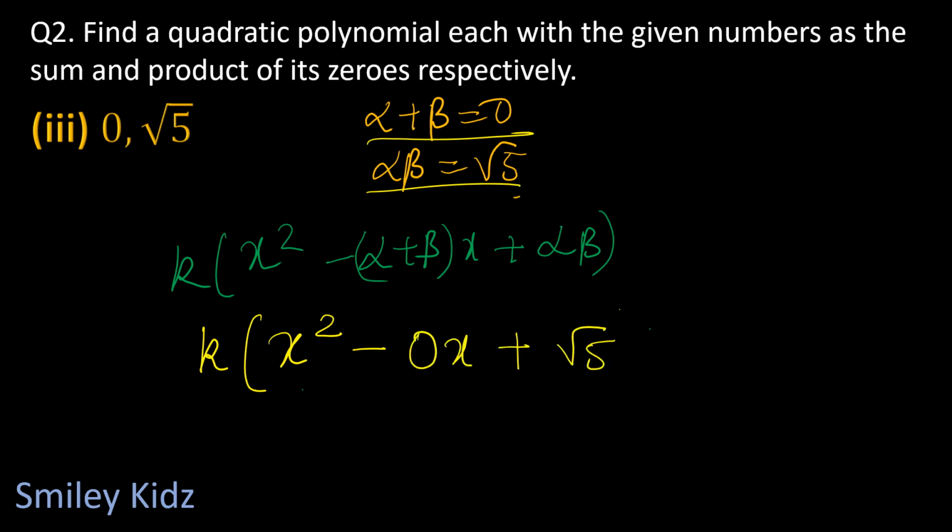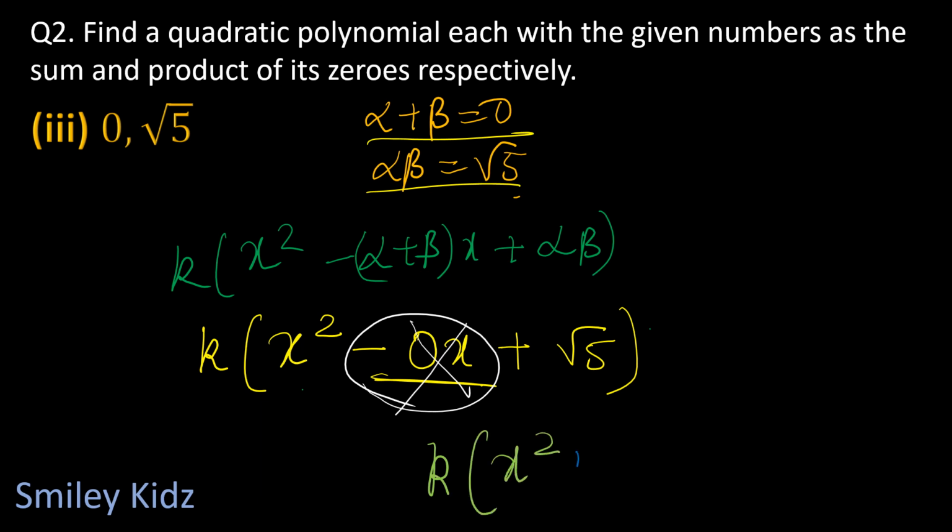Root 5. Right. Now here 0x is nothing but there is no term with the coefficient of 0, isn't it? So this particular term is completely eliminated. So it will be k into x square plus root 5.